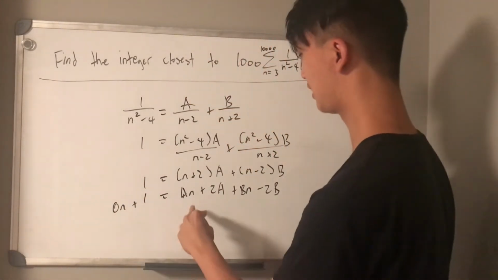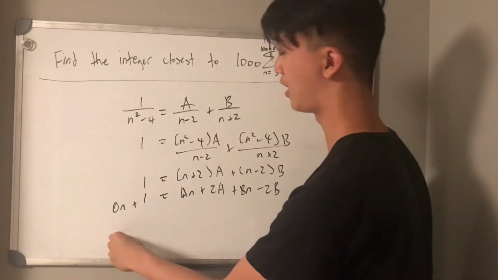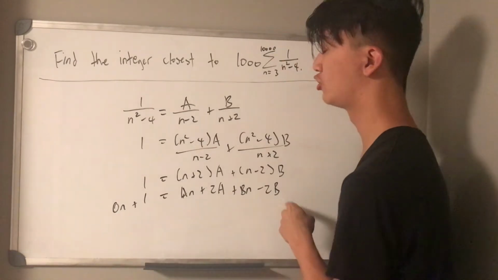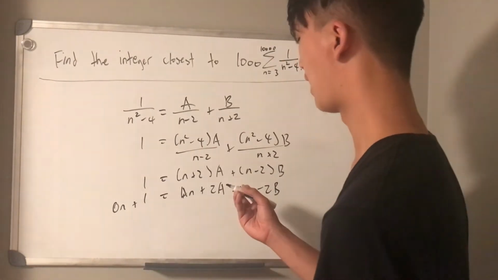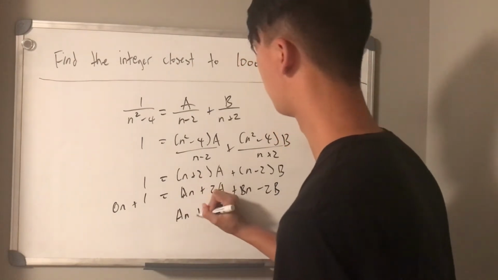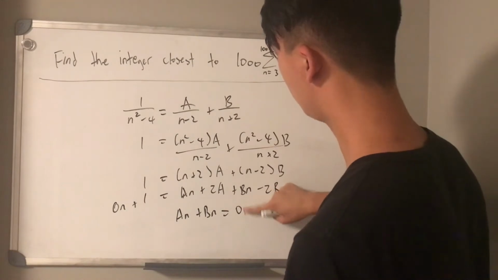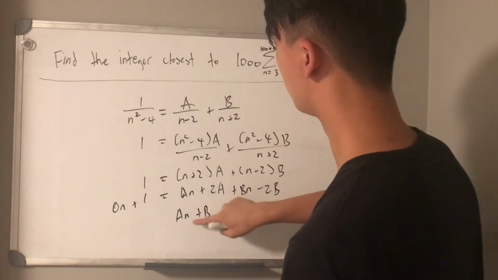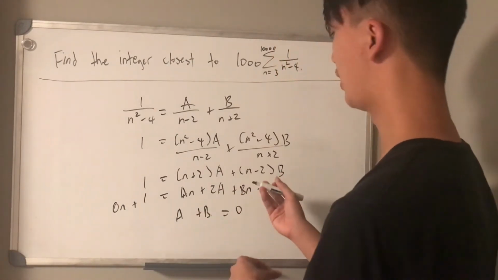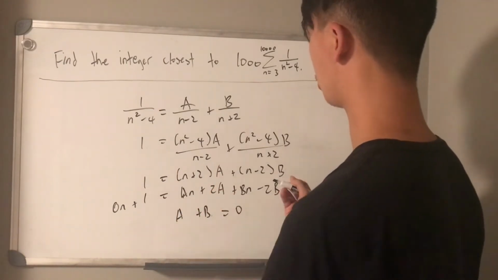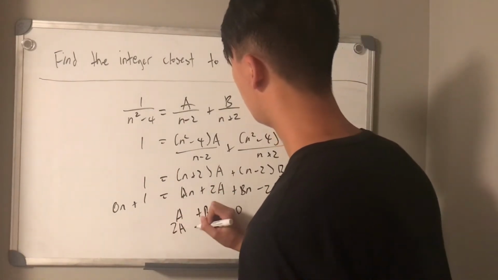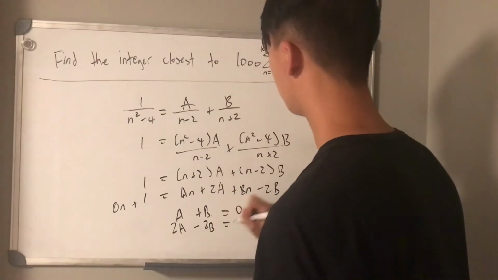So that means that an plus bn equals 0n, and 2a minus 2b is equal to 1. So we have an plus bn is equal to 0n, and we can factor out an n to get that a plus b is equal to 0. And then on the other hand, we have 2a minus 2b equals 1.